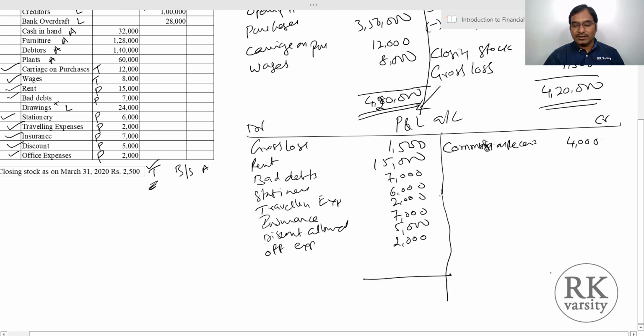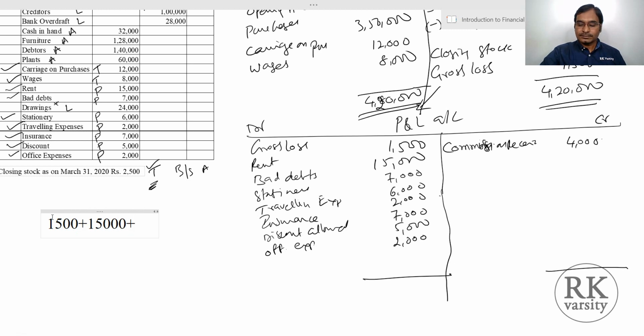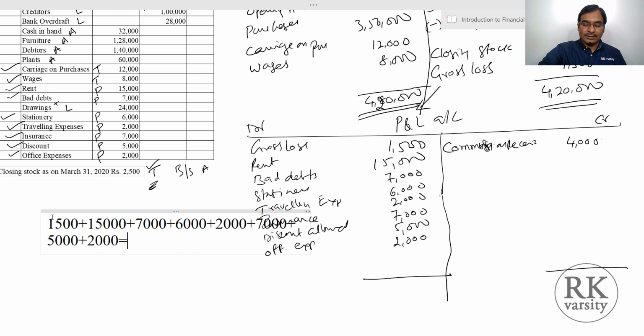On this side we have the highest value, so we'll take a calculator. 1,500 plus 15,000 plus 7,000 plus 6,000 plus 2,000 plus 7,000 plus 5,000 plus 2,000. So this equals 45,500.